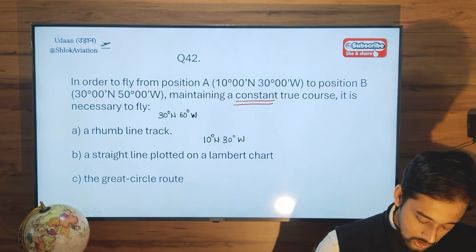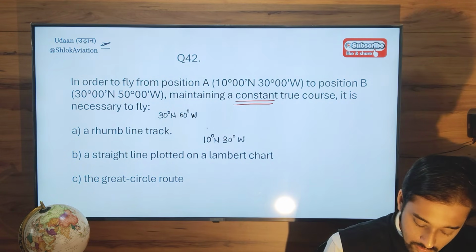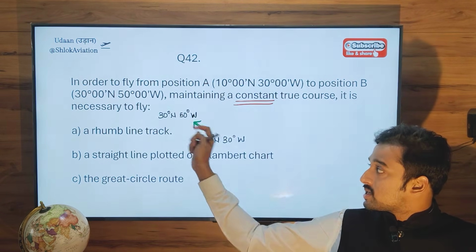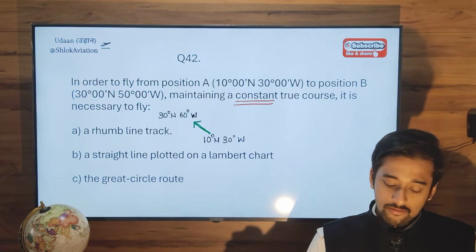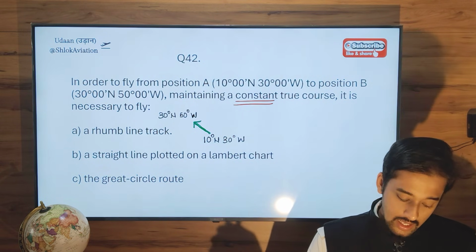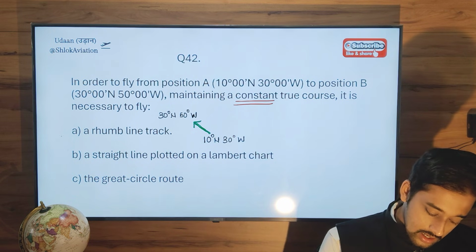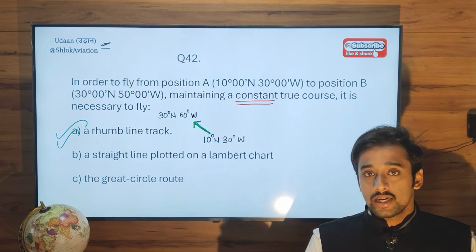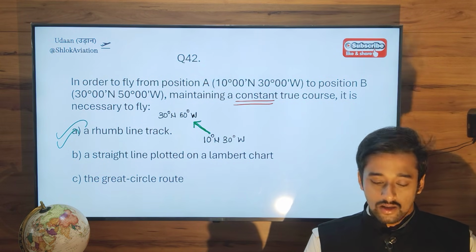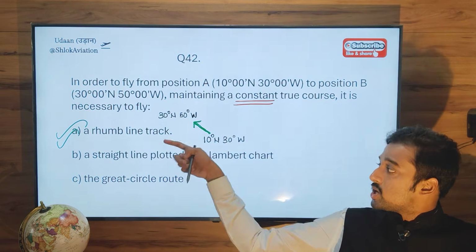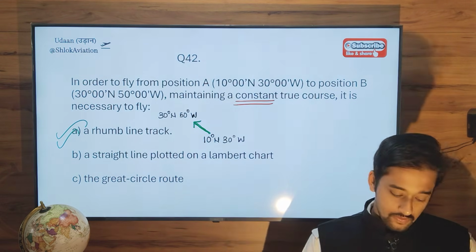You have to fly from this point to this point, and the condition they have stated is that the track should be a constant course. By definition, the correct option will be a rhumb line track. A rhumb line track is any track or line with a constant direction. So if they have given this condition that the track should be constant, we will fly a rhumb line track.